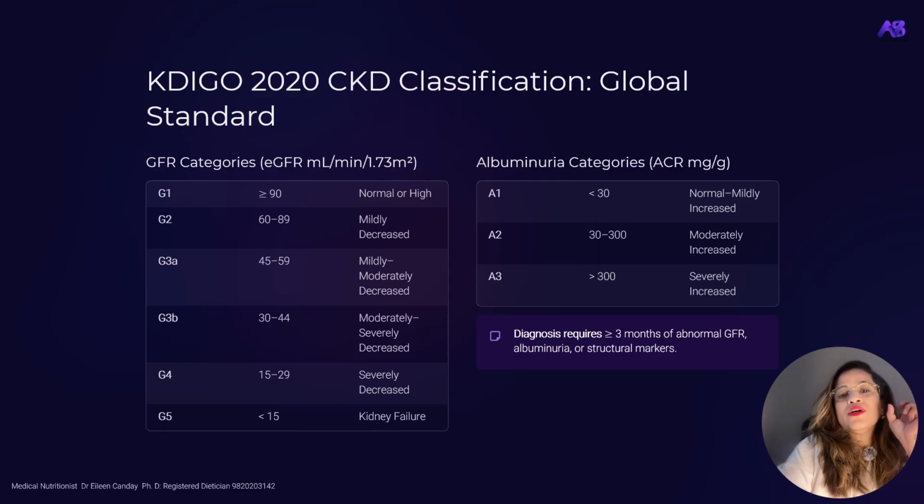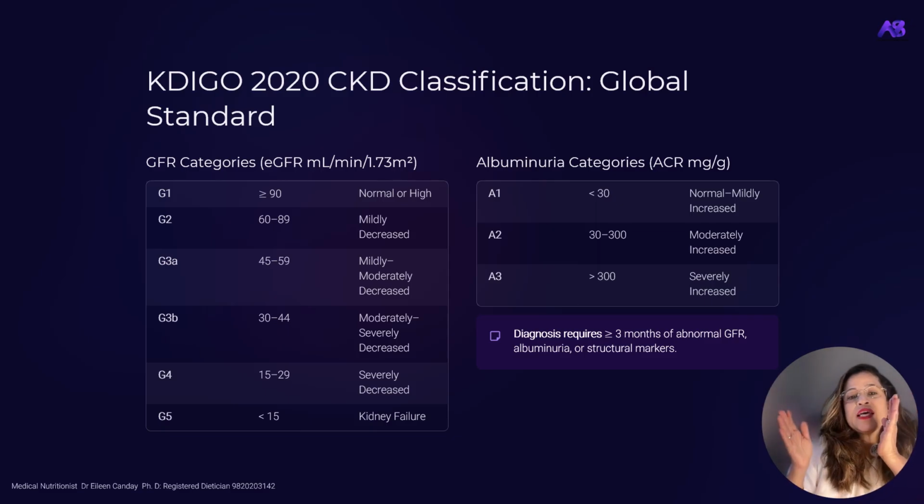The GFR categories, which you can see on the left, are G1 and G2, normal to mild disease function. Then G3, which is G3A and G3B, a mild to moderate decline, split into 2 stages for better risk stratification. Then G4, severely decreased function. And finally G5, kidney failure requiring renal replacement therapy.